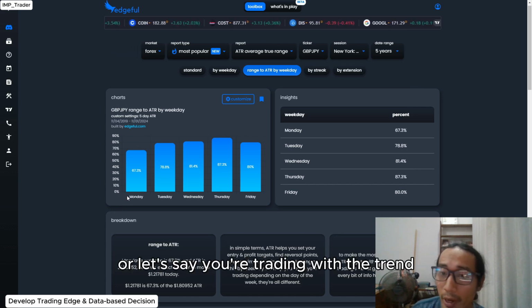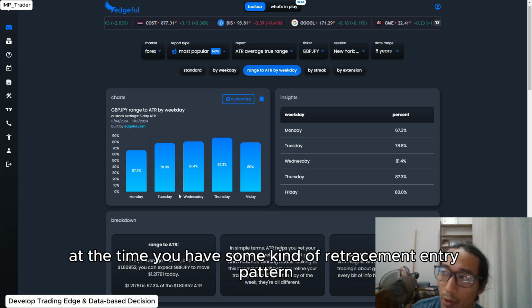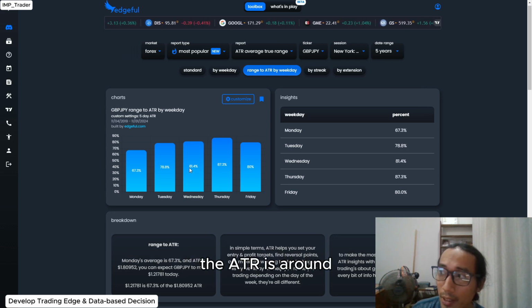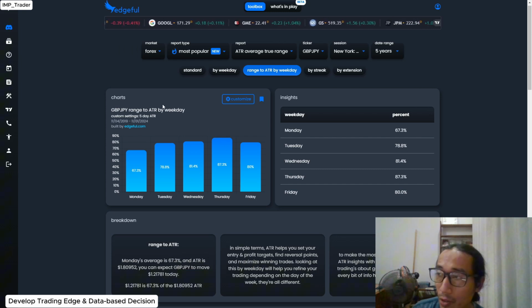Or let's say you're trading with the trend on Wednesday. At the time you have some kind of retracement entry pattern, the ATR is around 40% of the average true range.